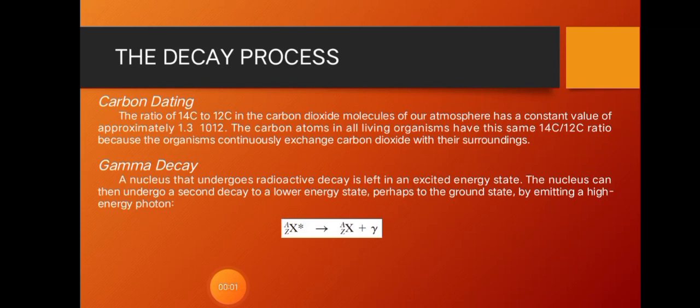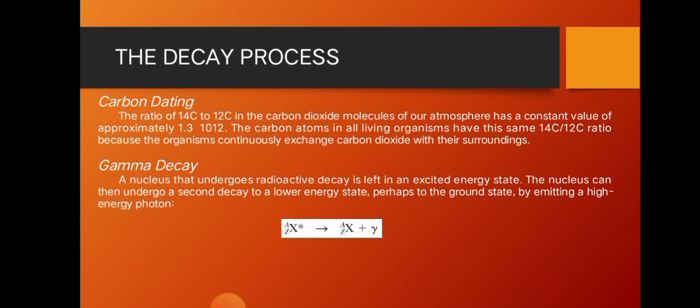Carbon dating. The ratio of 14C to 12C in the carbon dioxide molecules of our atmosphere has a constant value of approximately 1.3 times 10 to the negative 12. The carbon atoms in all living organisms have the same 14C divided by 12C ratio because the organisms continuously exchange carbon dioxide with their surroundings.